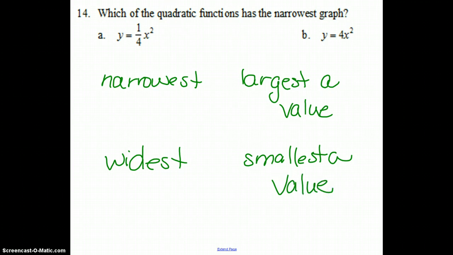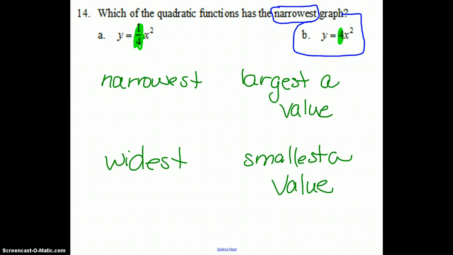So if I'm talking about A, let me just turn my highlighter on for a minute. I'm talking about this value in front of the x squared. So if I look at these two, if I want the narrowest, I choose the largest number. So my answer is going to be B.